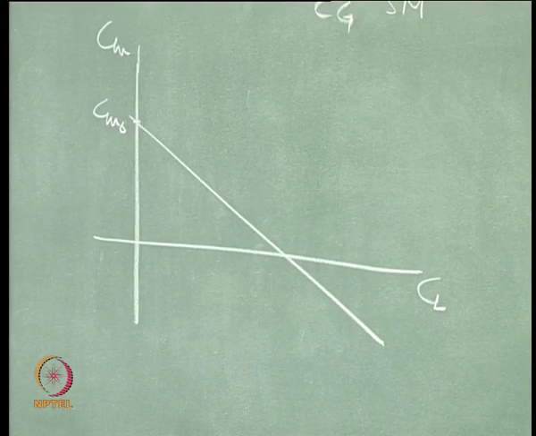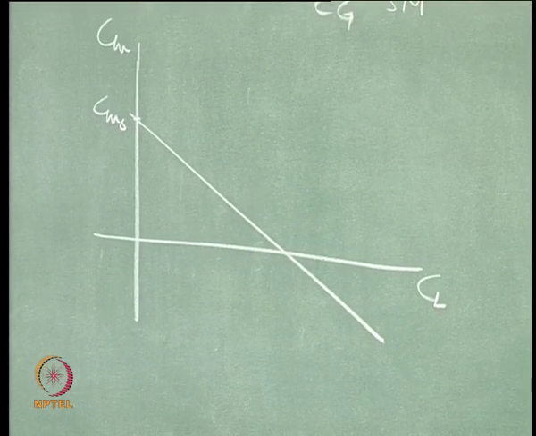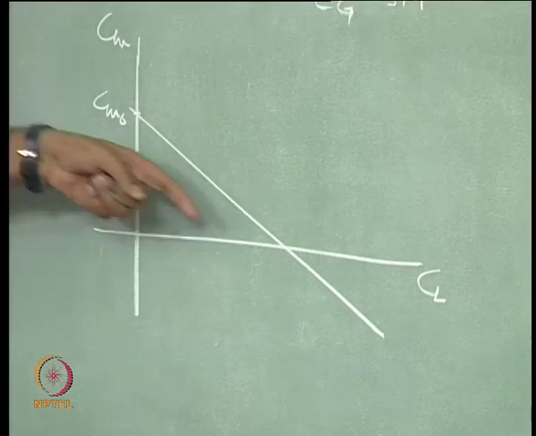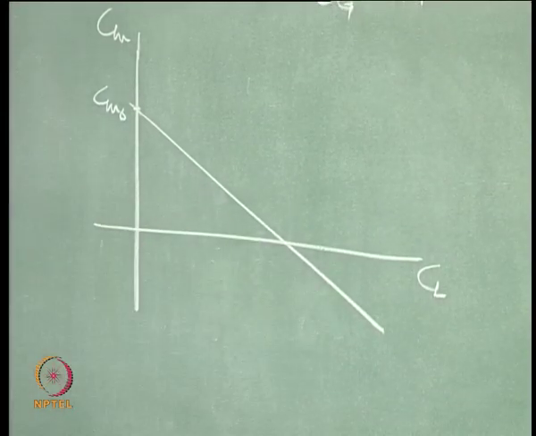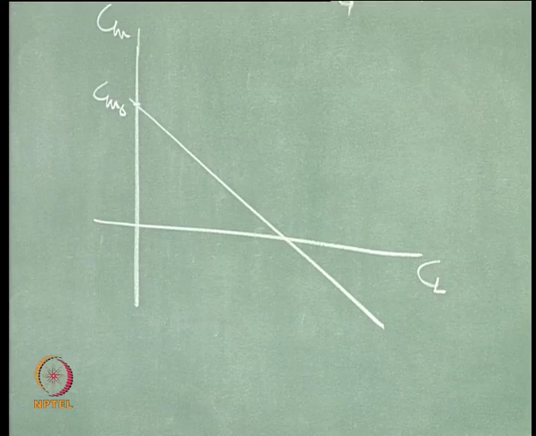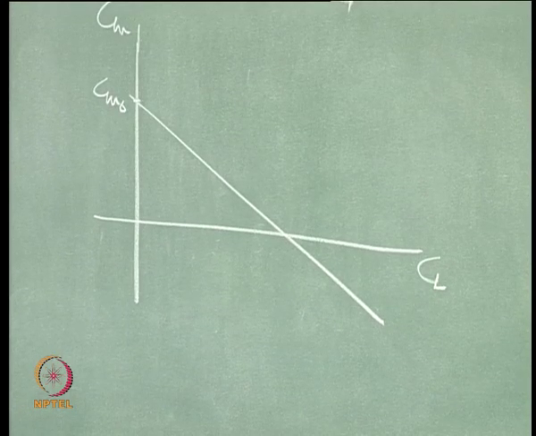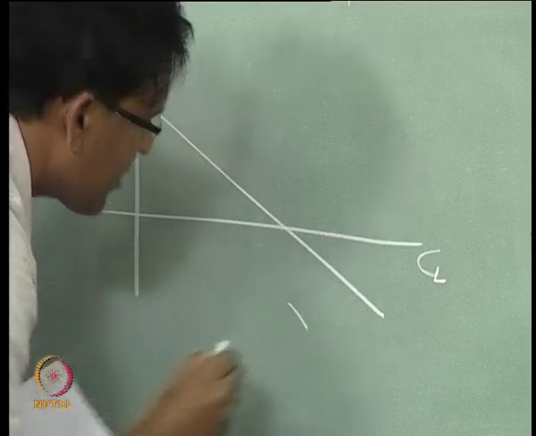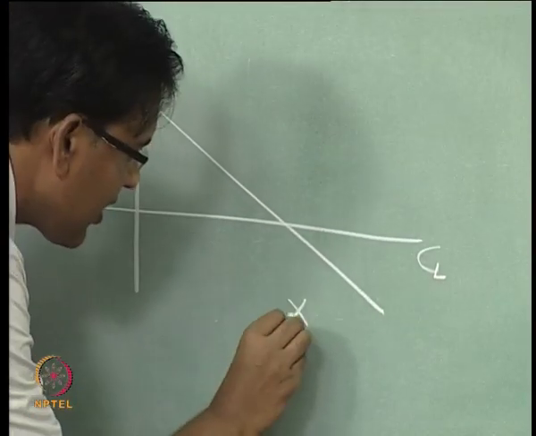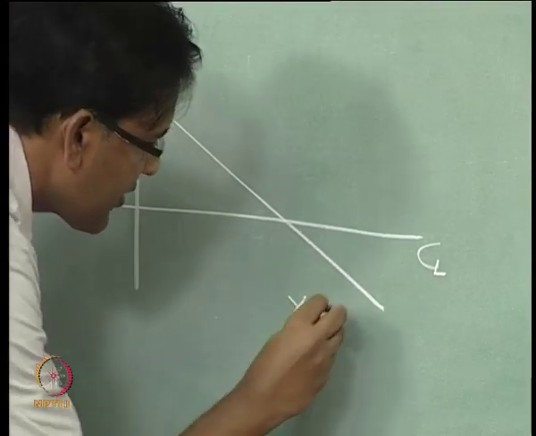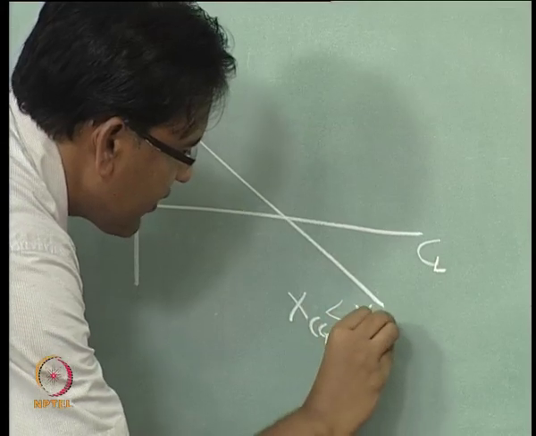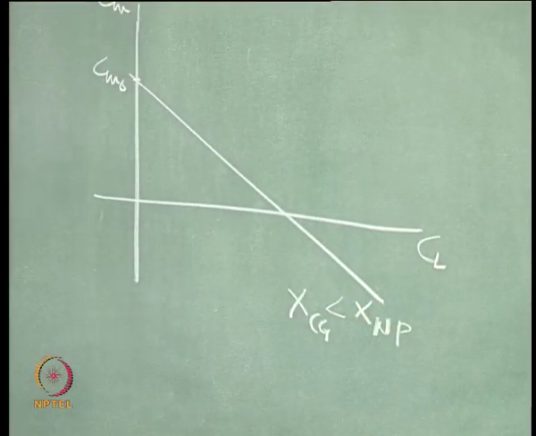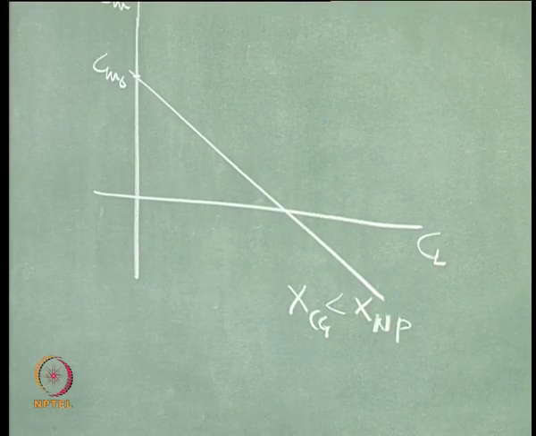So, dCM over dCL is negative for this curve, right, and that means CG is lying ahead of the neutral point. Right.